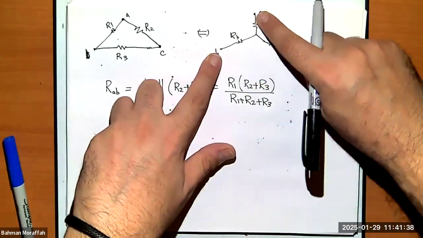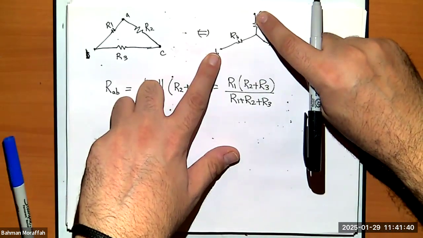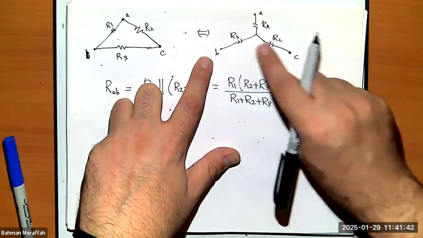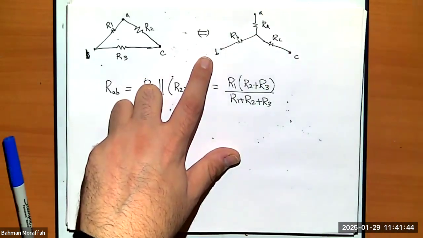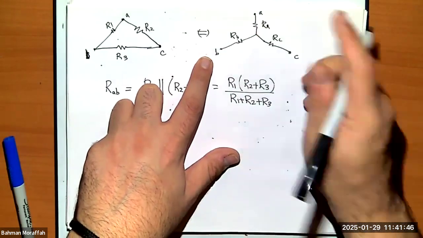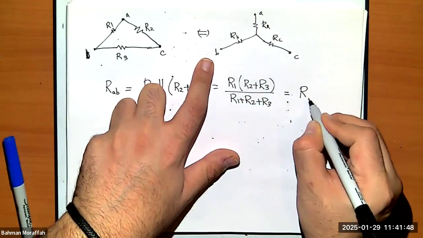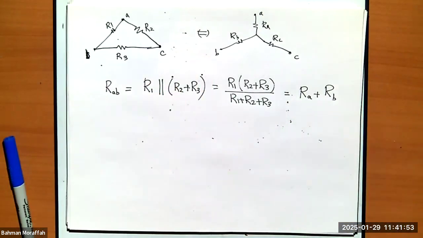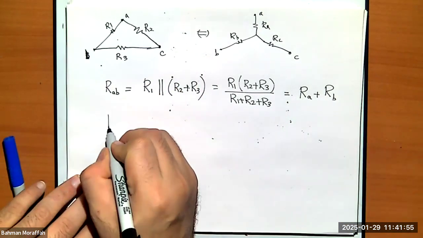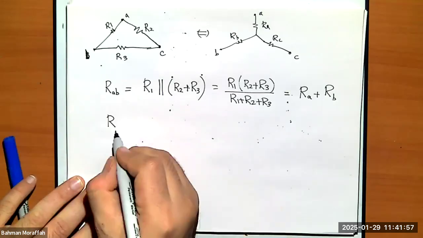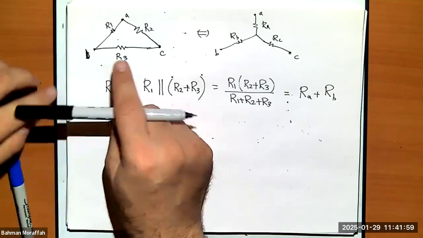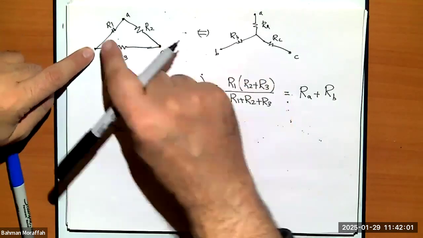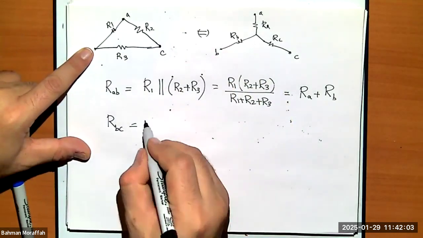How about here? If I look between these two, since this is not connecting to anything, these two things are in series. With the exact same logic, if I look at BC, R3 is in parallel with these two in series.